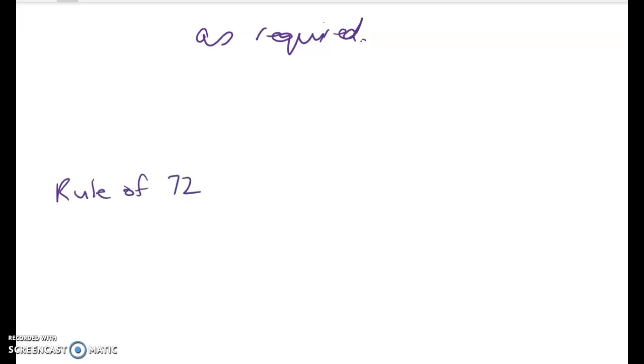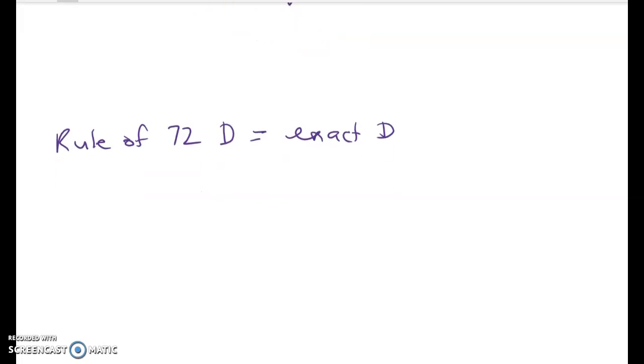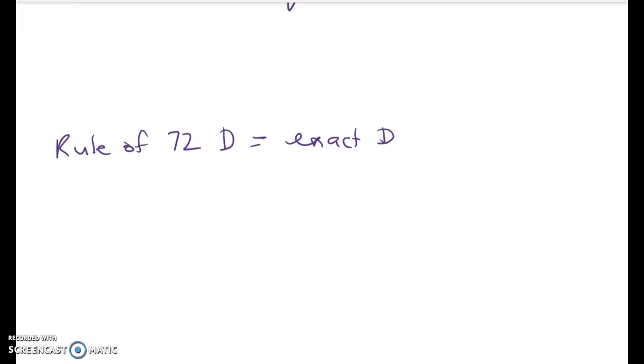Rule of 72, D equal to exact D means that we've got this. Well, the rule of 72 doubling time is 72 over r. And the exact doubling time we just worked out was equal to this.